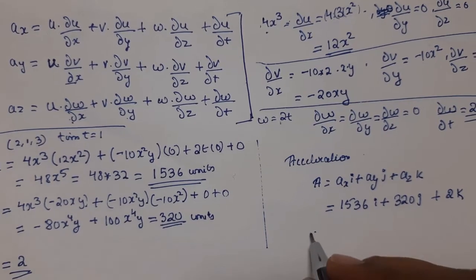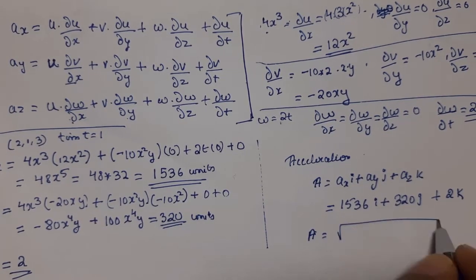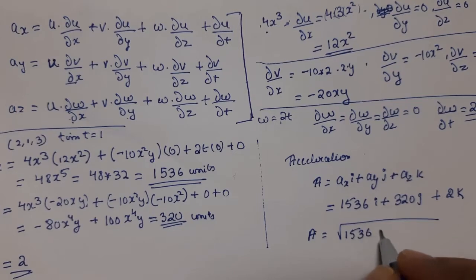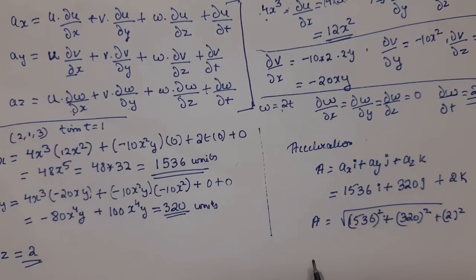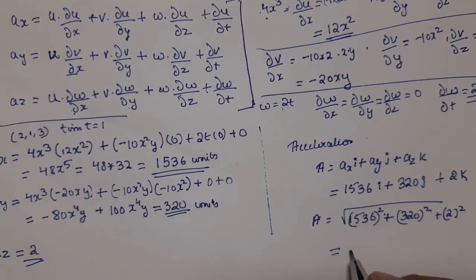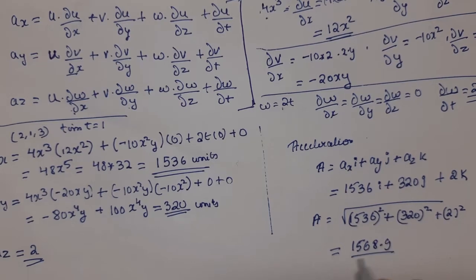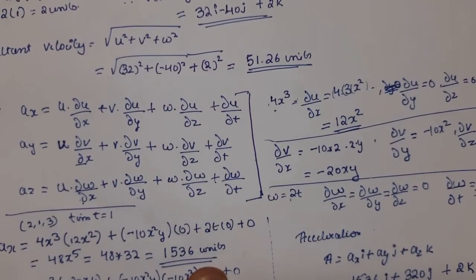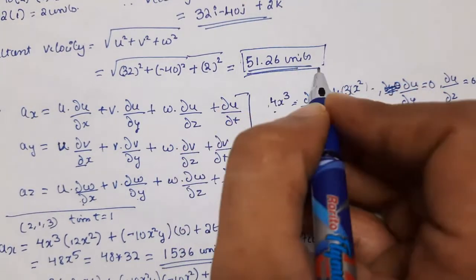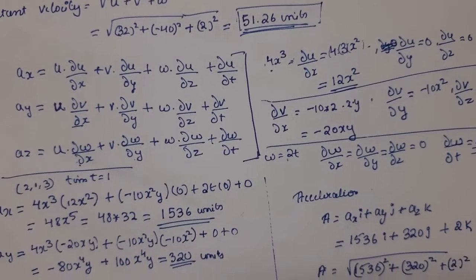So acceleration A is equal to root of 1536 square plus 320 square plus 2 square. When you calculate this, we'll get the value as 1568.9 units. So this is your acceleration and this is the velocity.